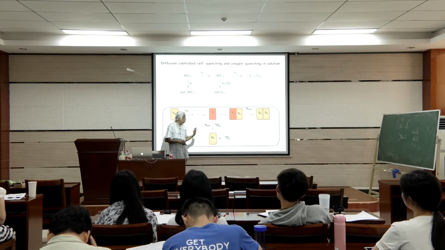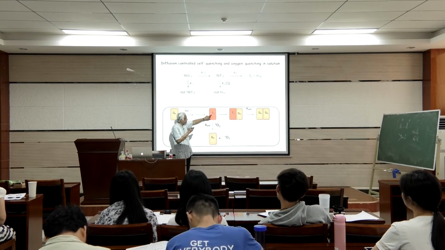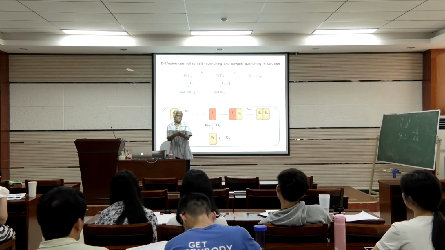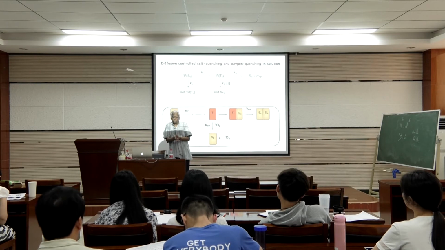So one way to stop this is, you take your molecule, put it inside a small container, and then produce the triplet, and as long as it is inside the container, the other molecule cannot come and hit it directly. Okay. So in everyday organic solvents, you cannot put the molecule in a container.